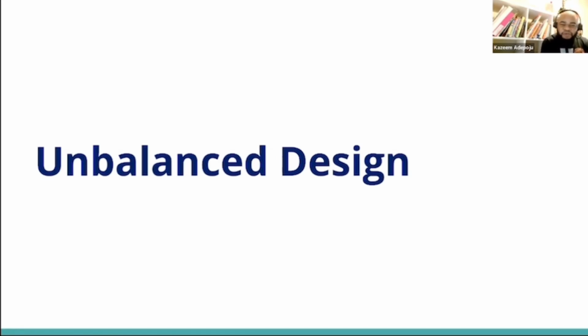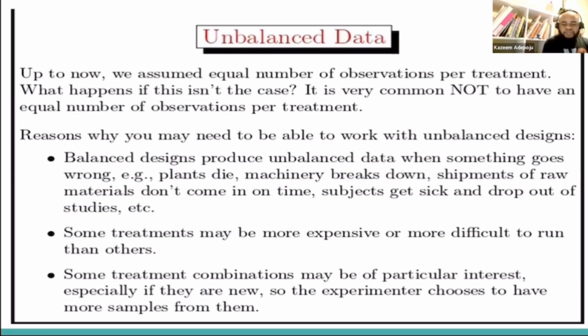So I want to welcome you into another objective of the day that we call unbalanced design. When I say unbalanced design, I mean in different groups you have an unequal number of observations, so they are not equal replicates. That is what I mean.